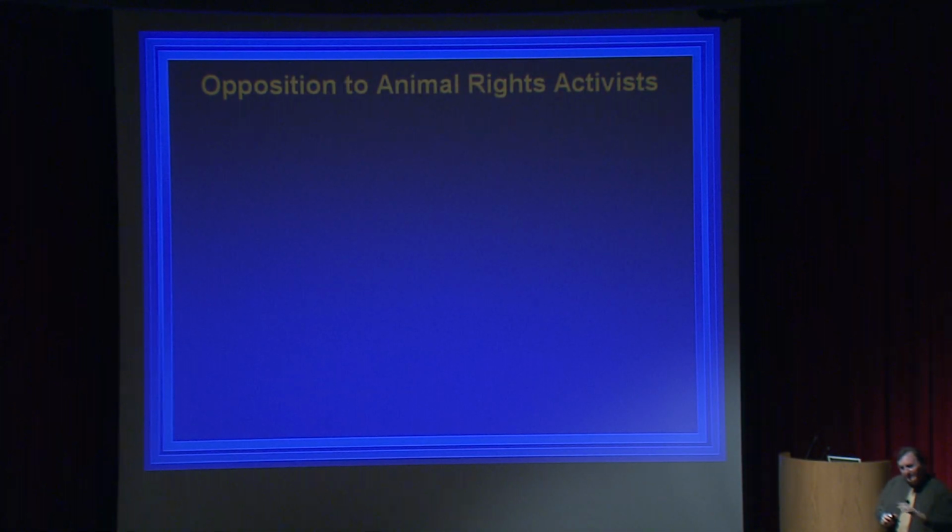Now, the animal rights activists have been very visible and important players in the scene in terms of our thinking about food. And I'm going to provide some information from them, including a video interview that's interesting on this.